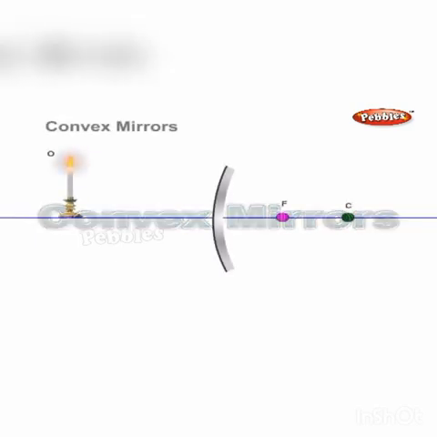Convex mirrors. The same set of rules shown above apply to convex mirrors. It's just that things will look a bit different since convex mirrors have their focal point and center behind the mirror. Convex mirrors also typically make a small virtual image of the original object.